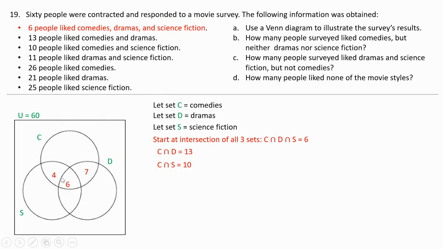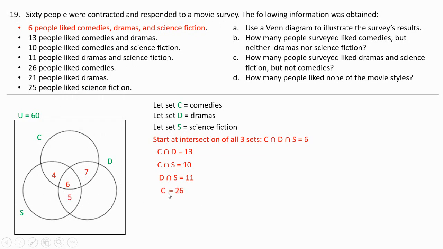So this must be 10. Now we go to the 11 people who like dramas and science fiction. So D intersects S must be 11, which is this portion here. So this has to be 5 here. That's where the 5 goes.